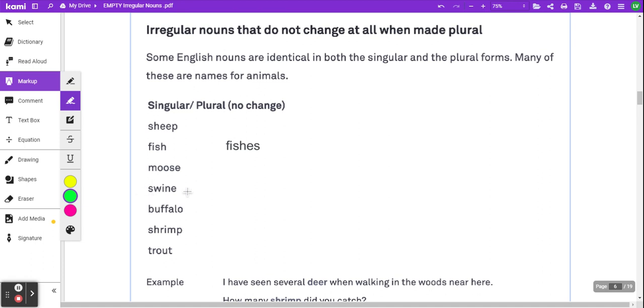Swine. ¿Ustedes saben lo que es swine? Cerdos. Swine. So, swine es otra manera de hablar sobre los cerdos, casi es una forma negativa de refer to pigs.